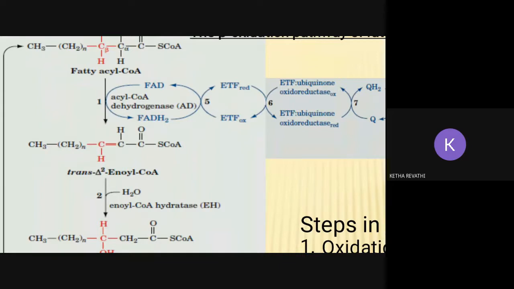Cis means both hydrogens are above or both are below the plane. But one hydrogen is above, one is below. That is called trans. In this second carbon atom, two hydrogens are attached in trans position. That means one is above the plane, one is below the plane.